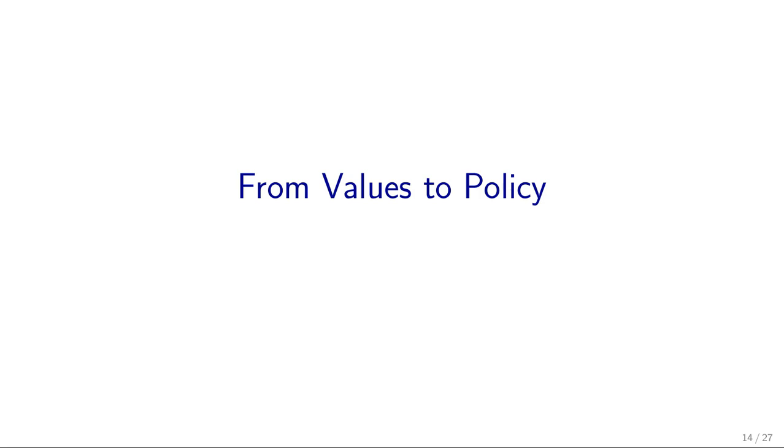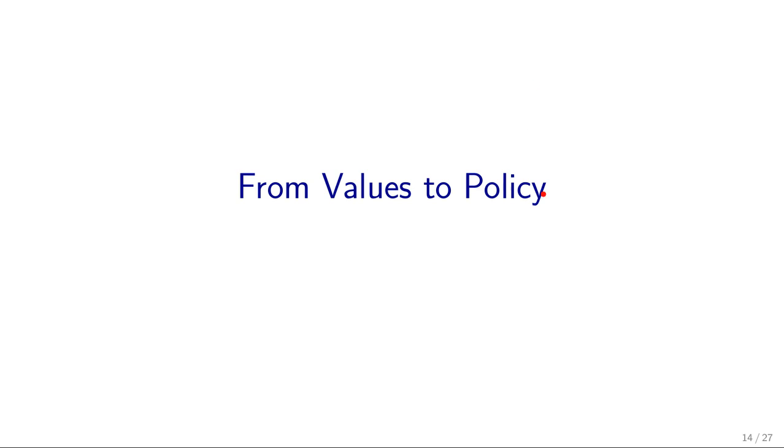Okay, so we get to the new topic now, which is from values to policy. Remember that usually what you really need is the policy, because you need to know what the robot should do in every state, right? The values are a sort of intermediate thing that is helpful, and it allows you to estimate what you can expect in terms of the future rewards.